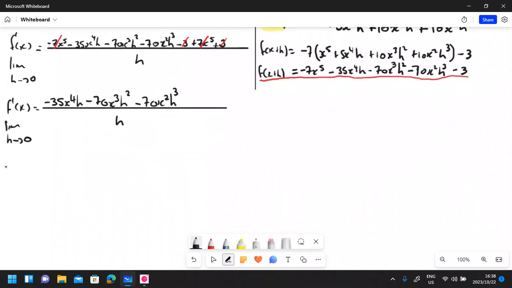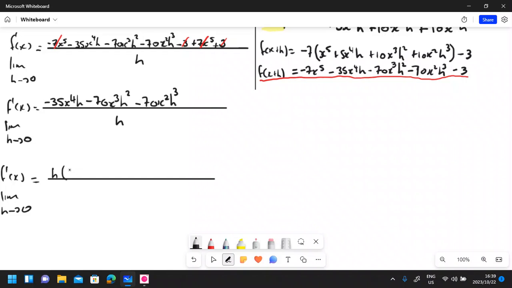Now let's do it. Remember, f of x prime. Prime basically means that we are differentiating, guys. Do not forget the limit as h approaches 0. Then here's what you're going to do. We take out the common factor. As you can see, the first term has h, the second term has h, so the common factor here is going to be h. And then what are we going to be left with?